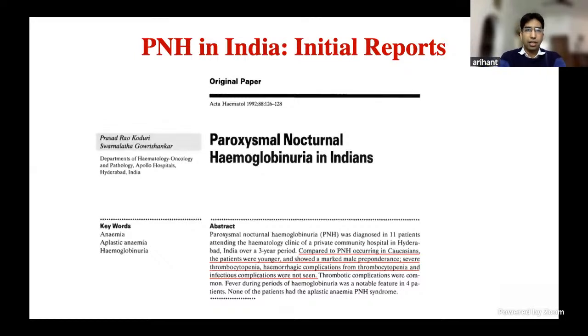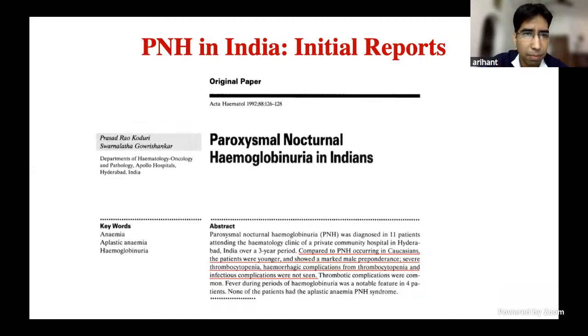So, coming to the Indian scenario, the original reports identifying PNH came around the 1990s.